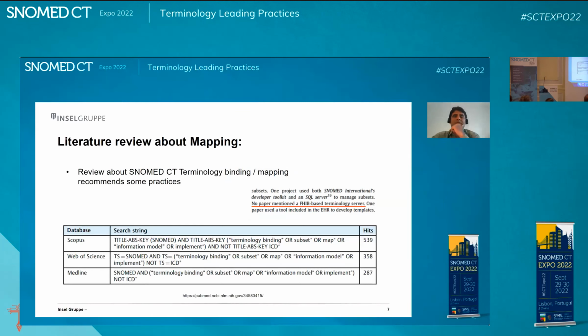So here comes the question: what has been done by using SNOMED mapping, and how many people have tried to map clinical terms to SNOMED CT? There is a nice review paper from a colleague. She actually did this research about terminology binding or terminology mapping and recommended some practices.